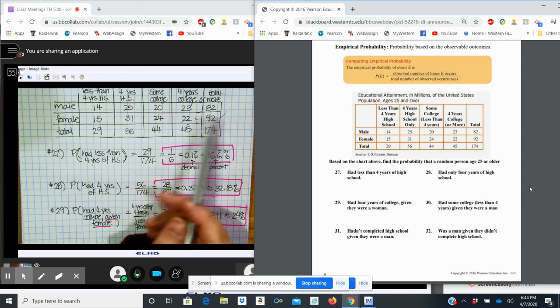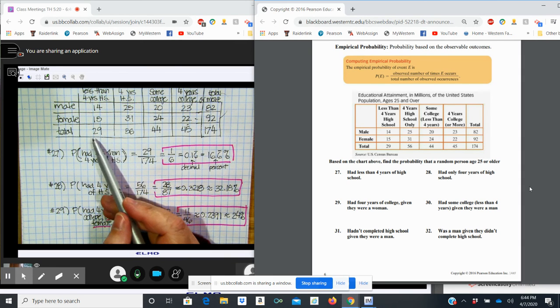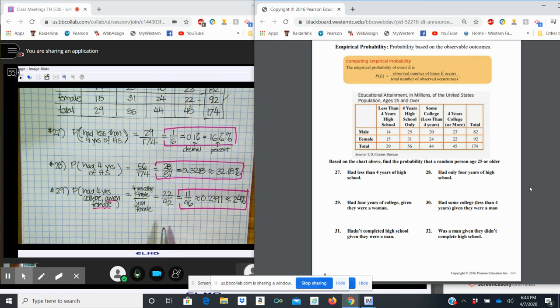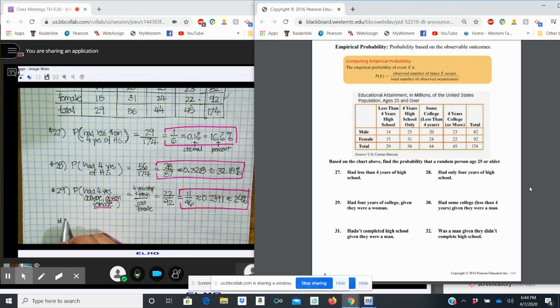So since their given was they didn't complete, it would be out of 29. So if we're looking at the difference there, number 31 would be that 14 out of 82 versus number 32, which would be the same 14, but out of 29.